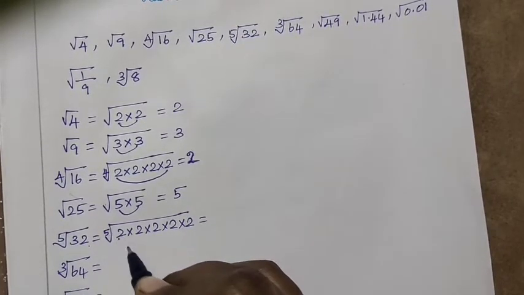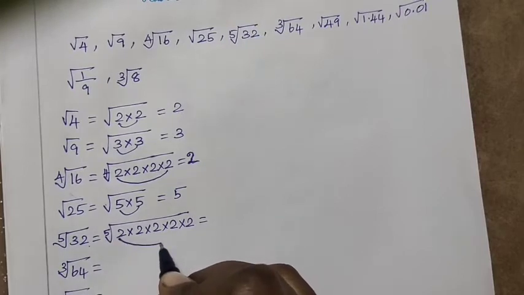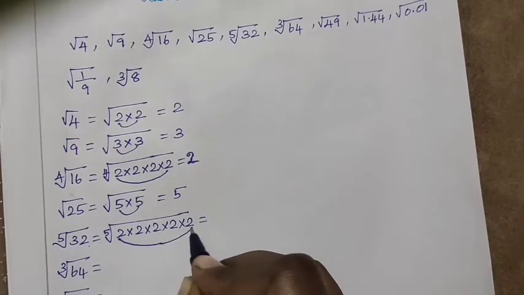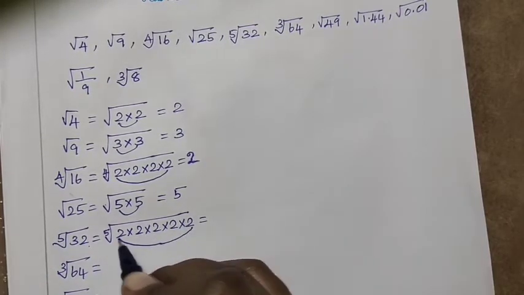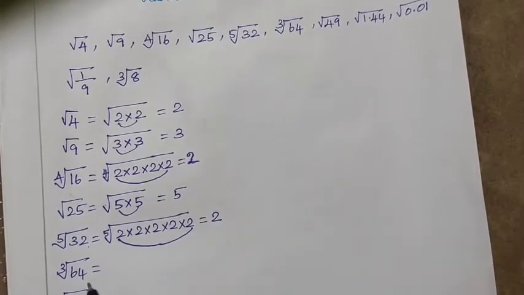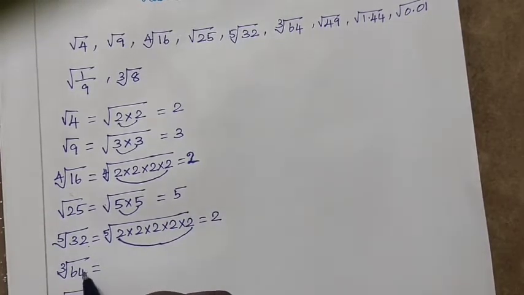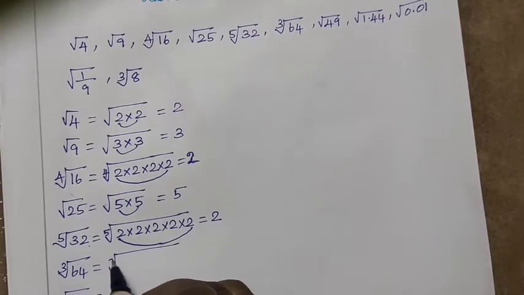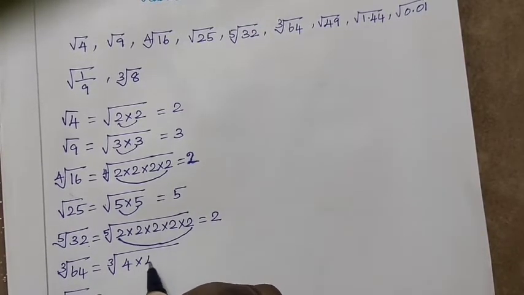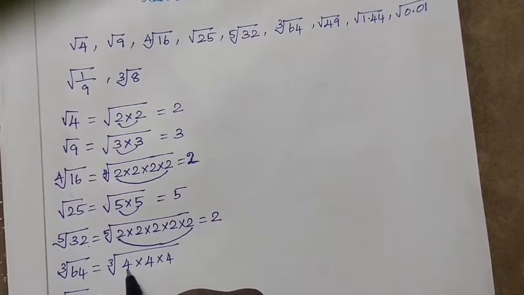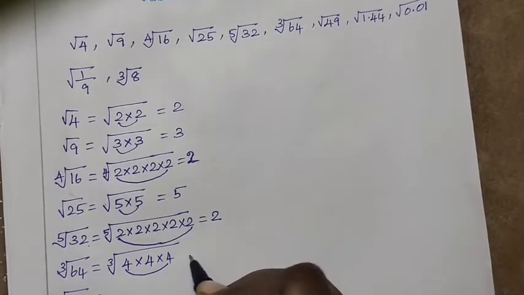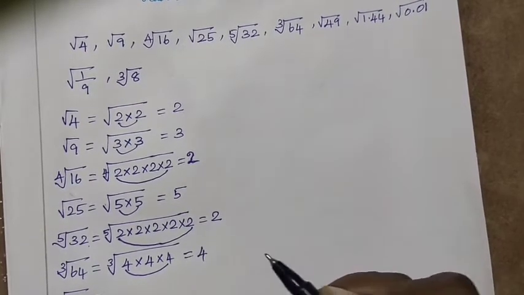Here it is fifth root, so we have to take 1 2 3 4 5, only one 2. Cube root of 64. 4 into 4 into 4. 4 4s are 16. 16 4s are 64. So the answer is 4.